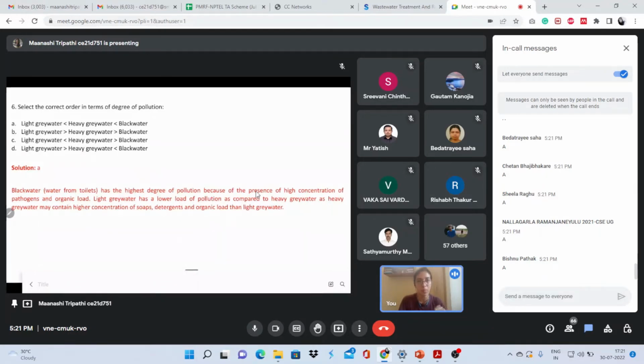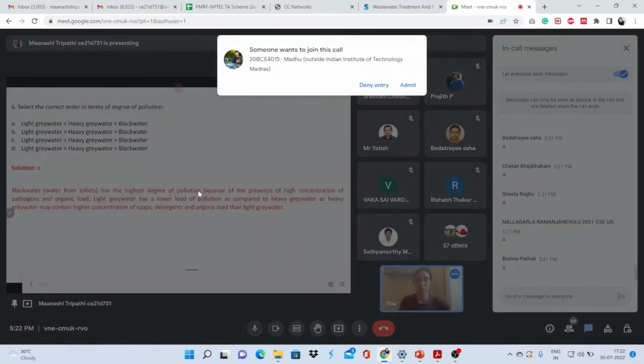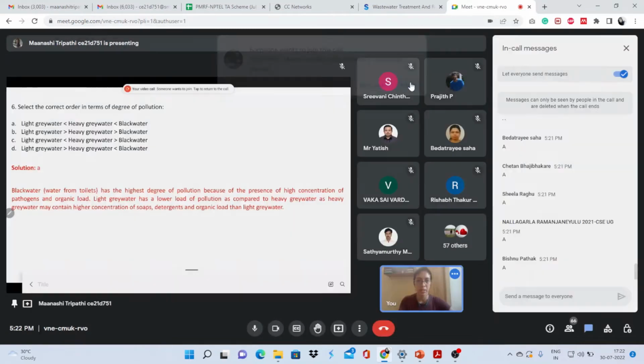The problem is with the pathogens and high organic load. High organic load is fine because high organic load you will find everywhere. But these pathogens are mostly attributed towards the black water, means the water from the toilets. Okay, and rest of the thing, as you can see, heavy is of course heavier than the light. So going towards next question.